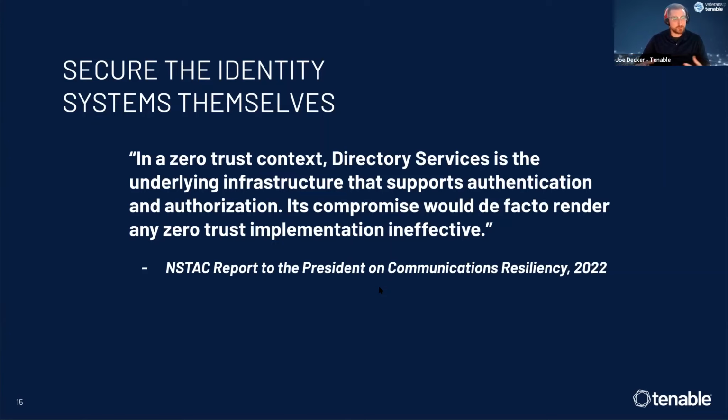It's a great quote because it's really true. So you can really consider identity as the new perimeter. What makes that so dangerous is now the perimeter has tentacles into your entire environment. Once that's compromised, they can really go wherever they want. So this needs to be secure.